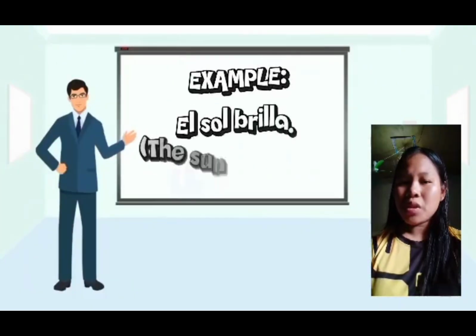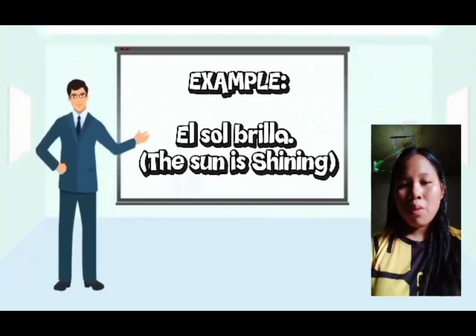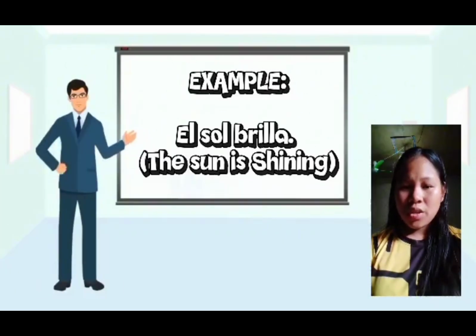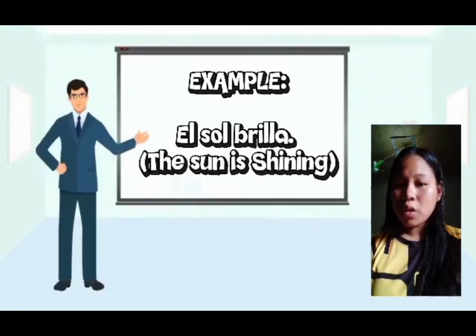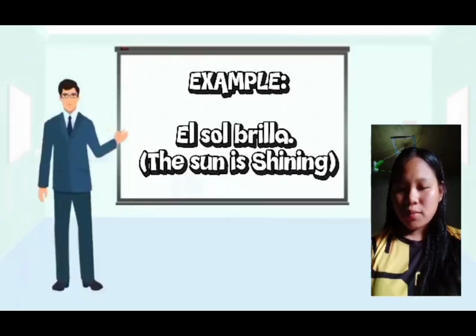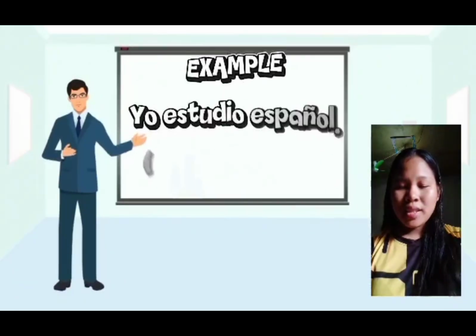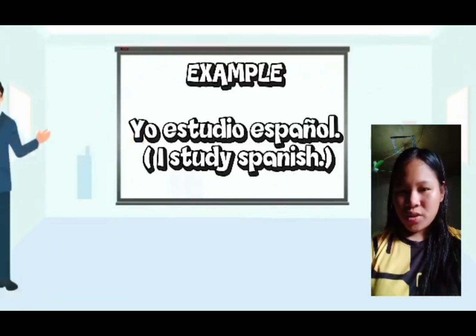So I have here some examples of affirmative sentences. One: El sol brilla. The sun is shining. It is an affirmative sentence with only subject and verb: the sun as the subject and is shining as the verb. Next example is Yo estudio español, or in English, I study Spanish.